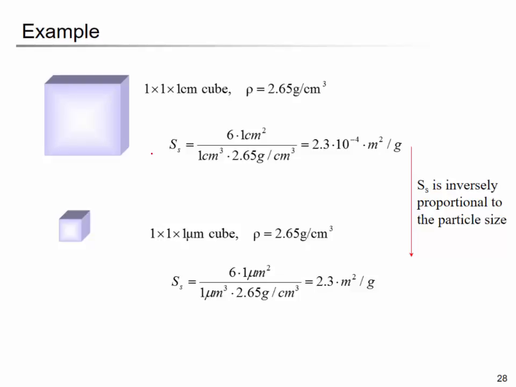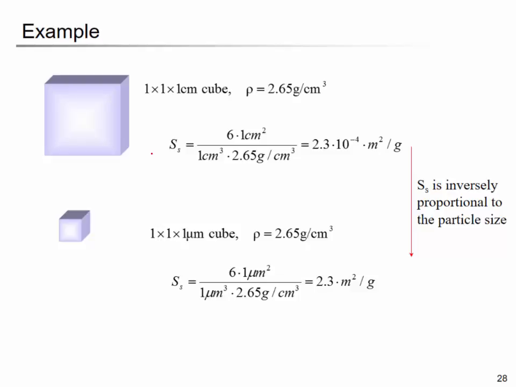So, for example, silt compared to clay: the silt has a larger particle size than the clay, so the silt will have a smaller specific surface area than the clay. Then among the clay minerals, if you compare Montmorillonite and Kaolinite, Kaolinite is larger than Montmorillonite, so Montmorillonite will have the larger specific surface area.